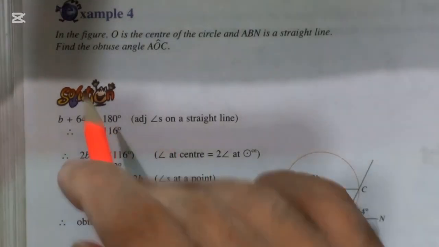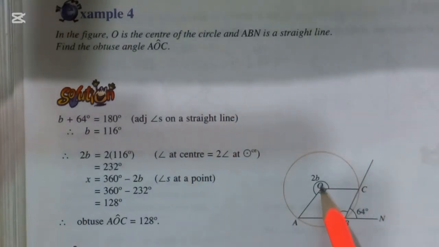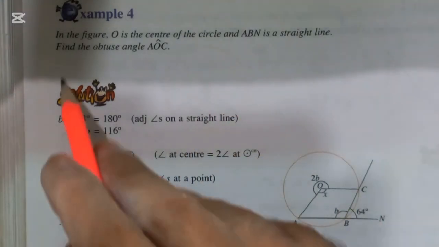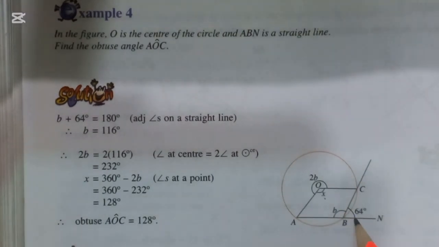Okay, here is another question. In the figure, O is the center of the circle and ABN is a straight line. Find the obtuse angle AOC. So the AOC angle is required, that is marked by X. Okay, look now, if this is 64, so this is a straight line.